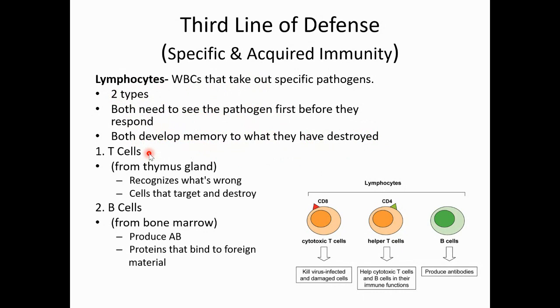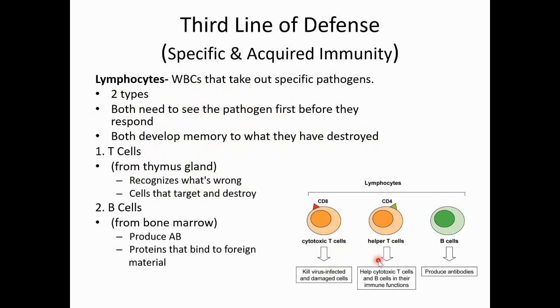So the two cells, the T cells, which are made in the thymus gland, can recognize what's wrong. They target and destroy, killing virus-infected and damaged cells: the killer cells, cytotoxic cells, and the helper T cells.